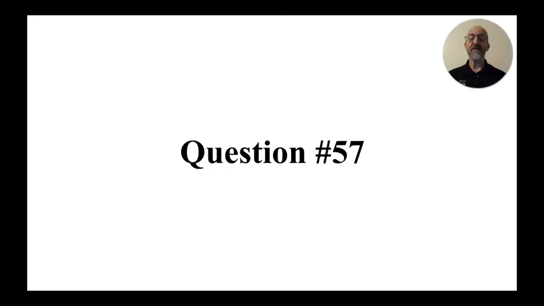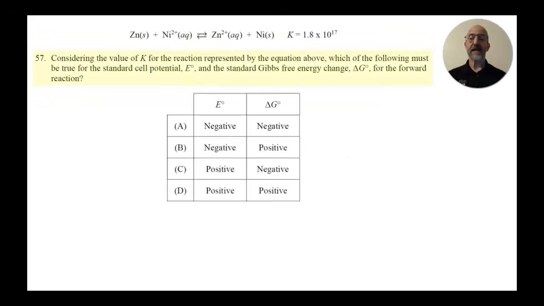In question 57, it says, considering the value of the equilibrium constant K for the reaction represented by the equation above, which of the following must be true for the standard cell potential and the standard Gibbs free energy change for the forward reaction? So the value of the equilibrium constant K is very large.